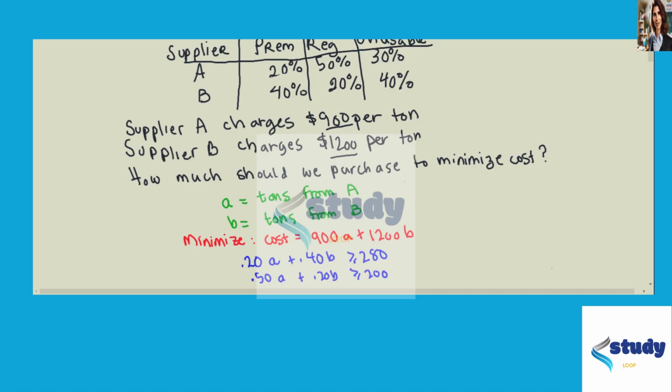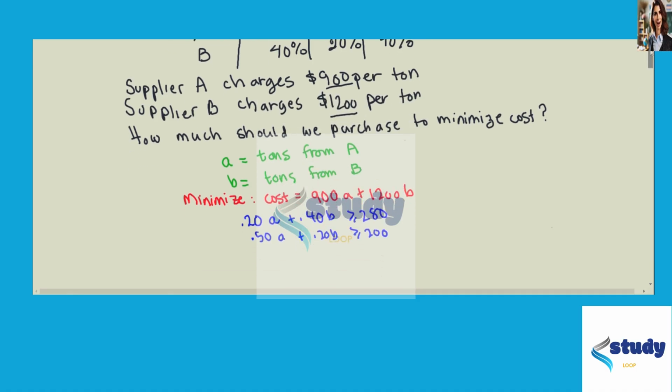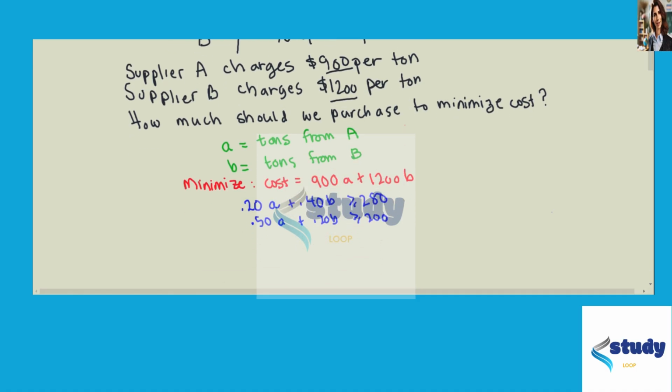Okay, so what about the unusable ones? Well, we don't need to write an equation for them because we don't care about them, but they are being considered here because you can see we're only looking at 70% of A's tons and 60% of B's tons. All right, we also know A and B are both positive, so we don't have to write that.